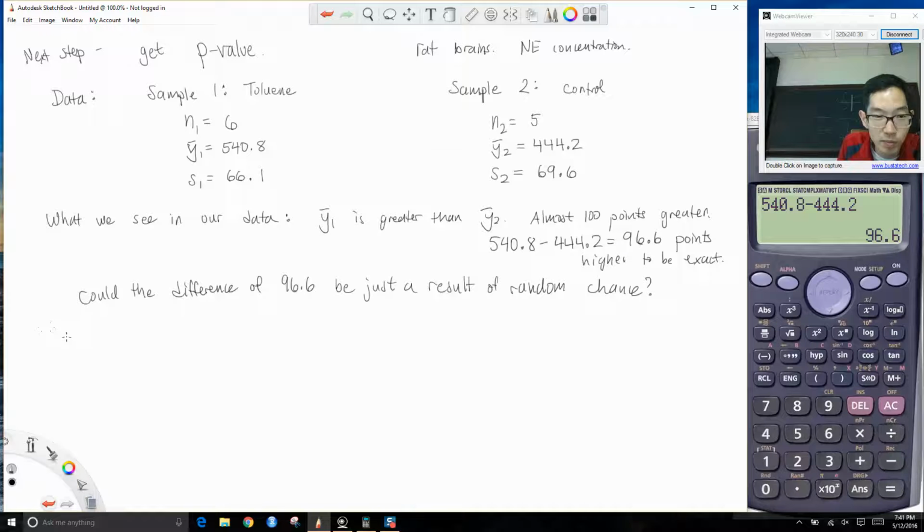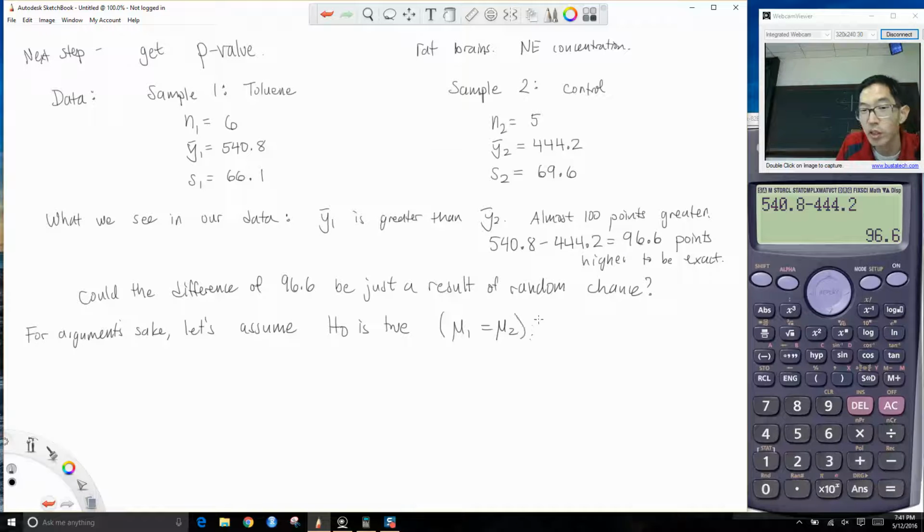Okay, so we're going to basically say, for argument's sake, let's assume the null hypothesis is true, meaning that mu1 is equal to mu2.